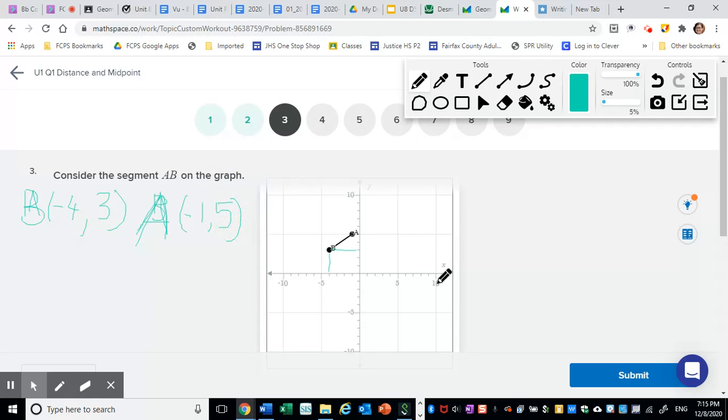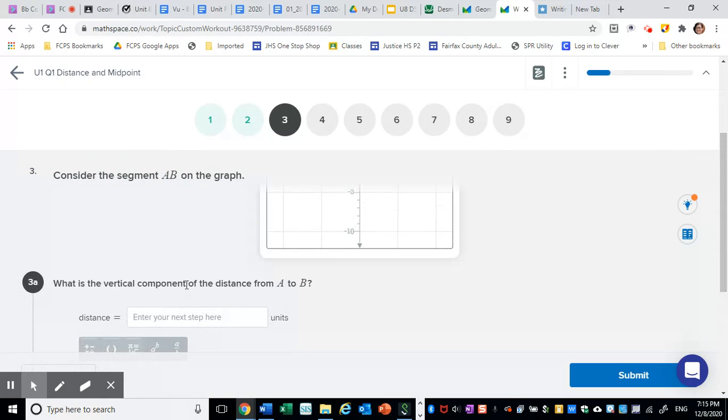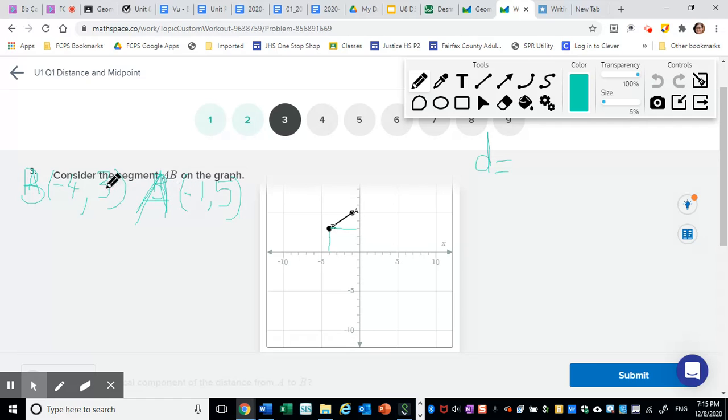All right, so you use the formula. But first they ask for the vertical component of the distance from A to B, which is the difference in Y. The difference in Y would be 5 minus 3, which is 2.